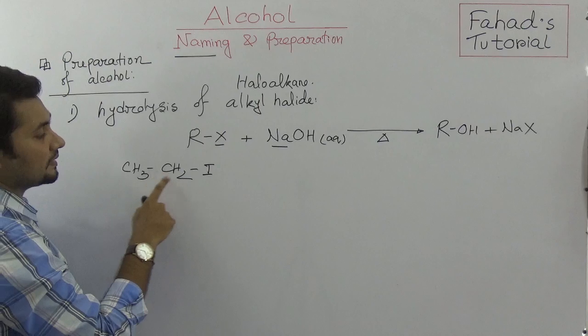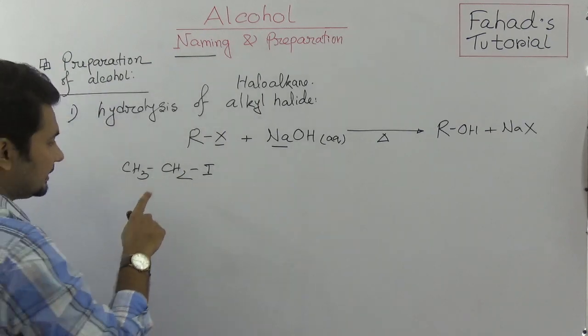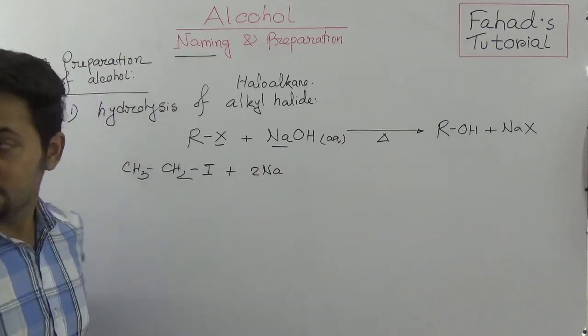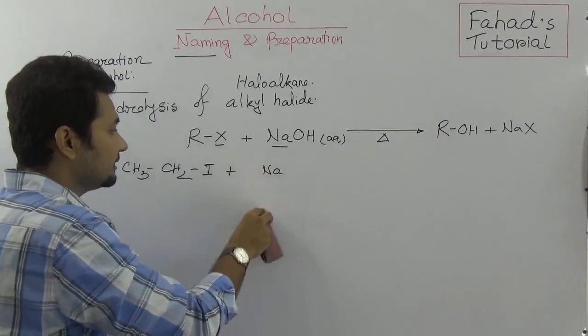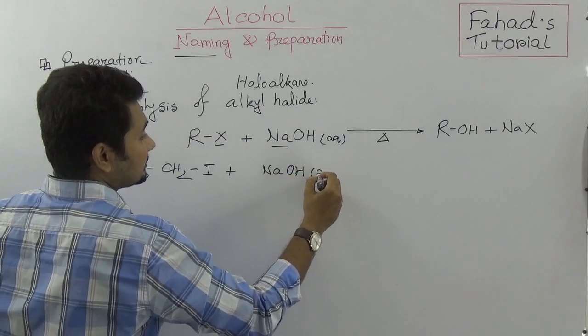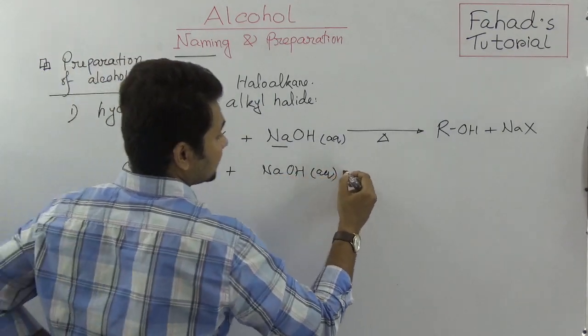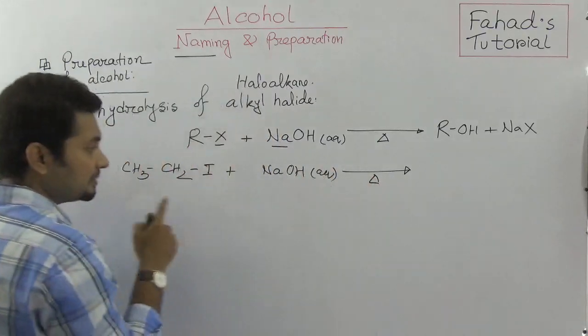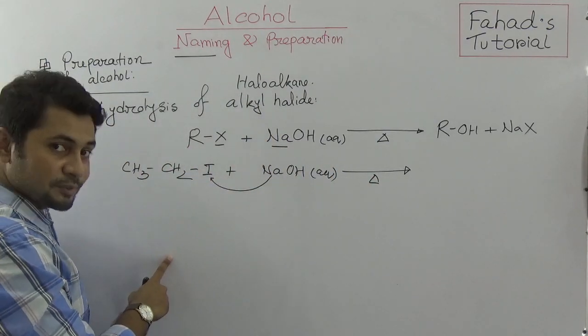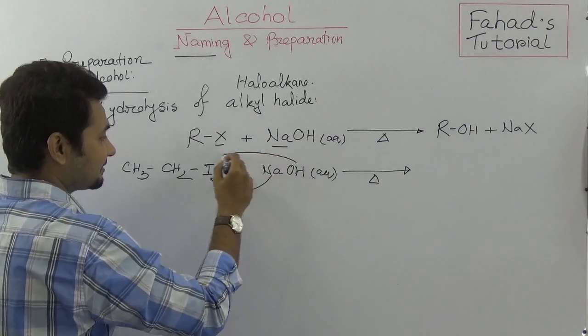iodide, ethyl iodide. You know ethyl iodide is reacting with sodium hydroxide, but that is aqueous solution and there will be heat. What would be the reactions? Sodium would be iodide and hydroxide will come here.